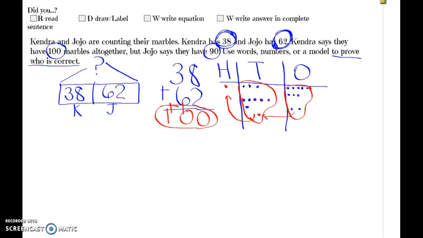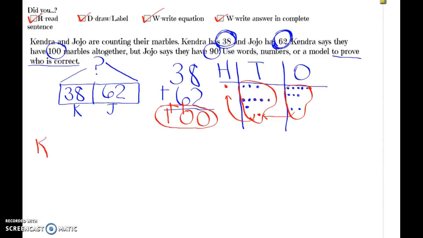So, because the problem wanted to prove who was correct, we now know that Kendra is correct because 38 plus 62 equals 100. So, I read the problem, I drew out the problem and labeled it, I wrote the equation. Now I'm going to write it in a complete answer.